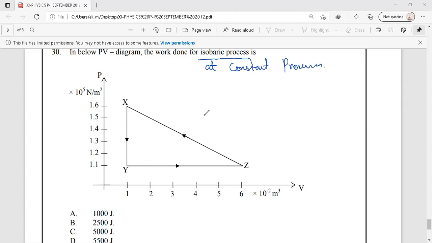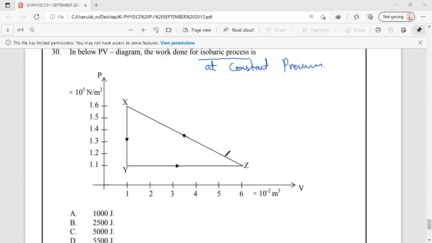So let's identify the region in which the pressure of the gas is constant. From X to Y, this is the isochoric process because the volume of the gas is constant.